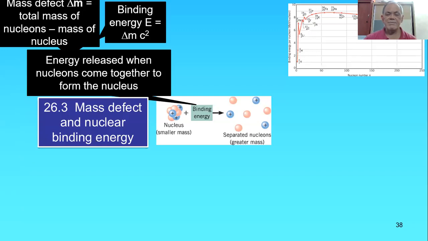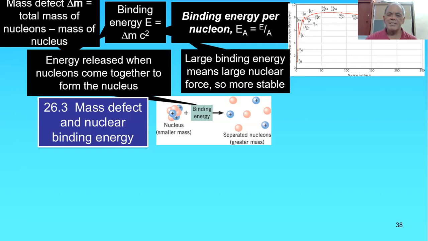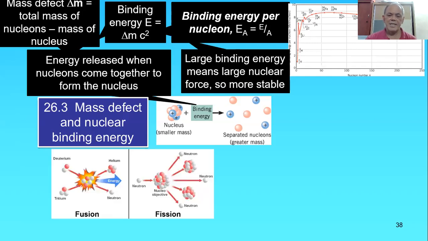Mass defect times the speed of light squared. And then we divide the binding energy by the mass number to find the binding energy per nucleon. Large binding energy means large nuclear force, so the nucleus is more stable. And then we look at fission and fusion.